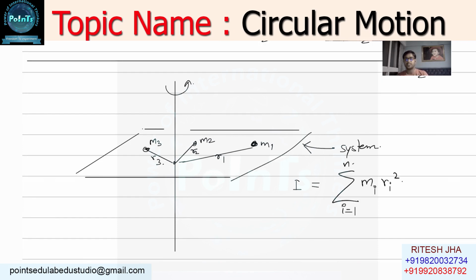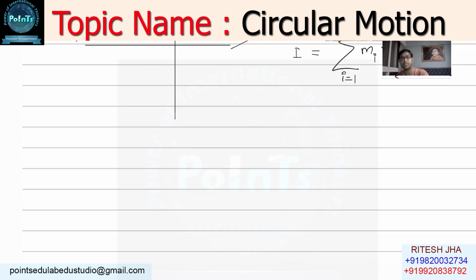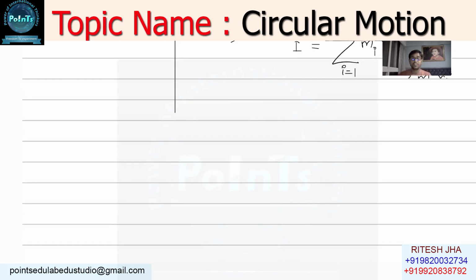Do you understand this sigma notation, by the way? Yeah, that makes sense. Now, here I have given you the point masses, all these masses are point masses, m1, m2, m3. But what about when they are rigid masses?